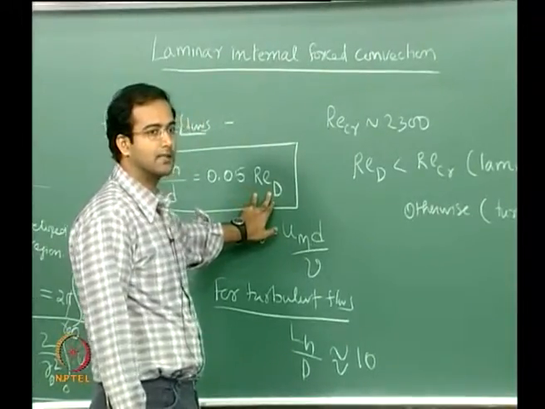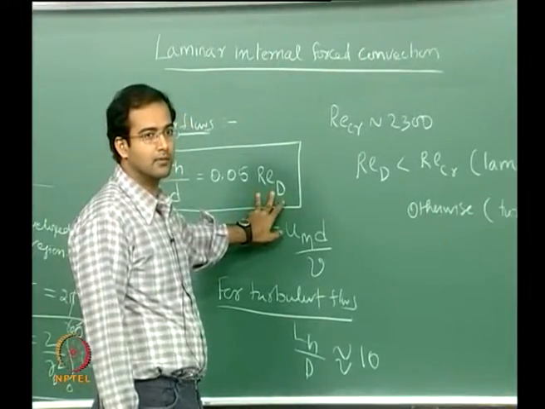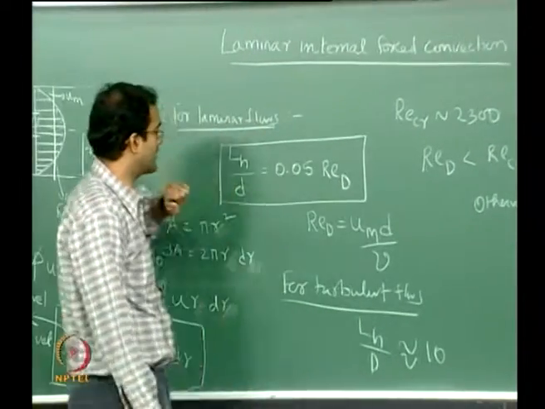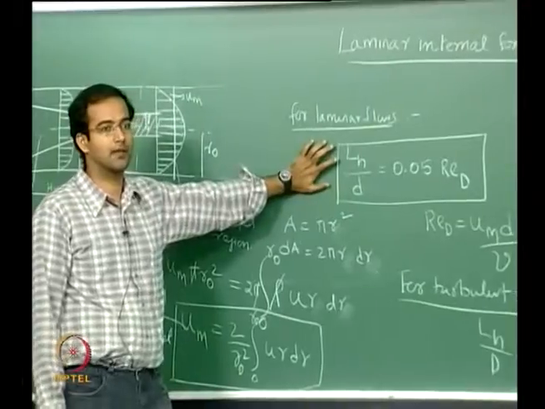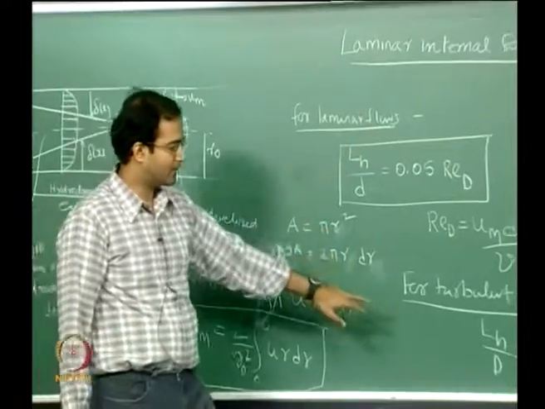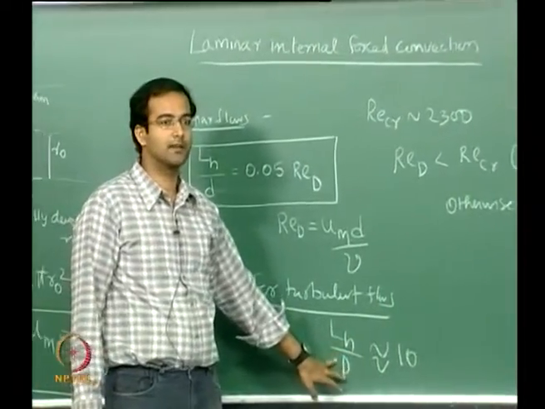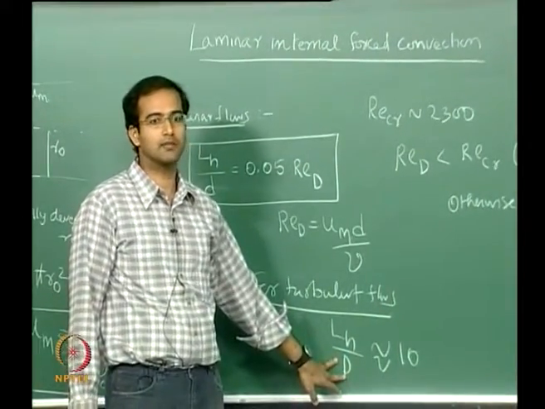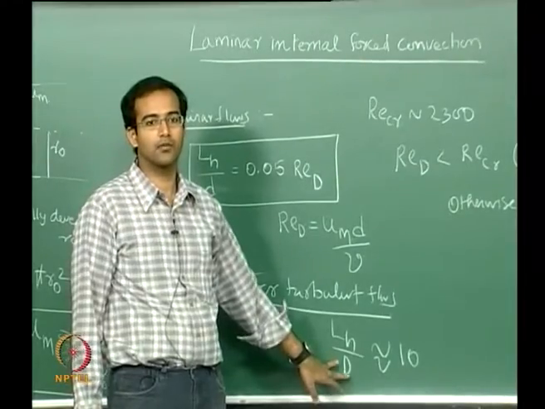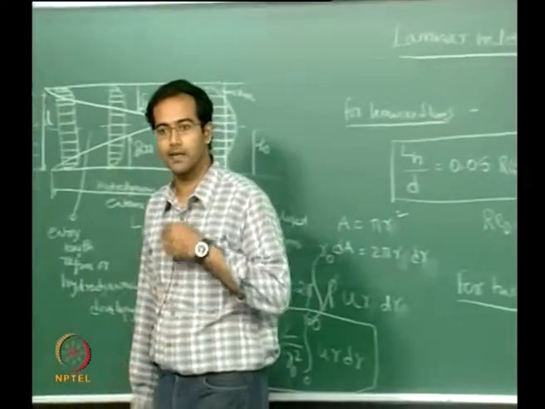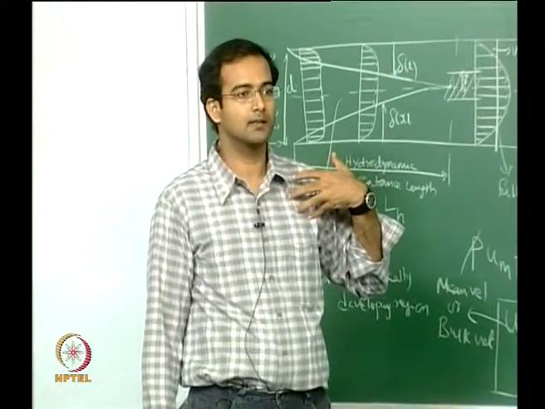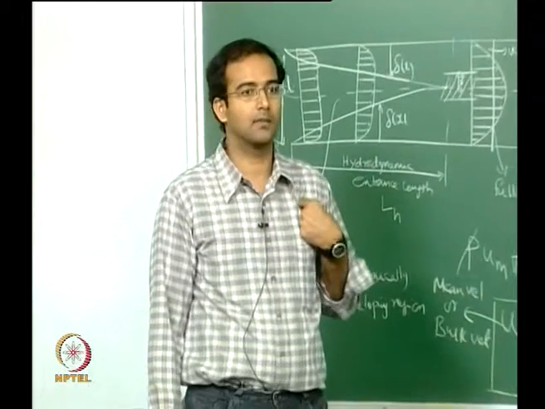If you classify that as laminar flow, thinking the flow is still streamlined enough, what should be the value of L_H by D? 15. Now if the 3000 was turbulent, L_H by D would be 10. So you can infer that the entrance length for turbulent flows is actually smaller than that of laminar flows.